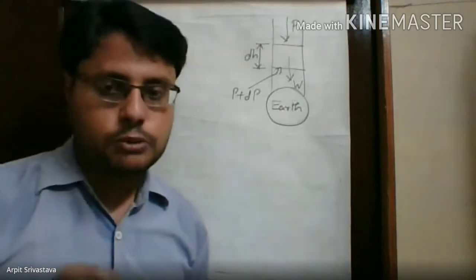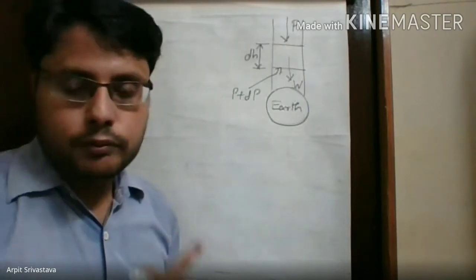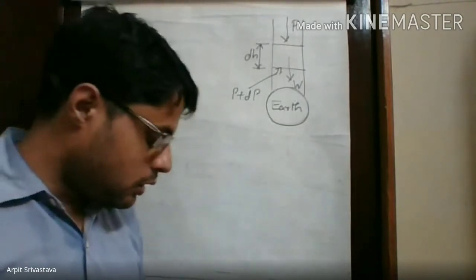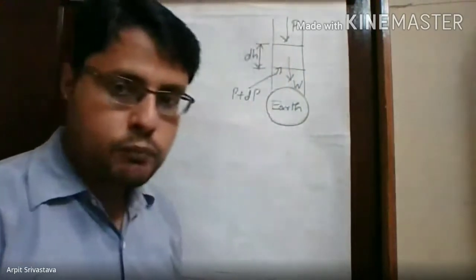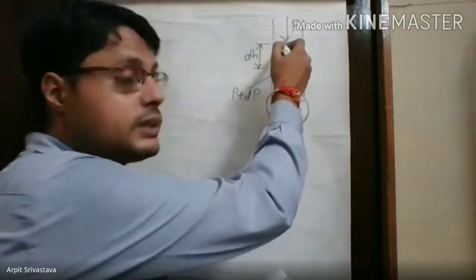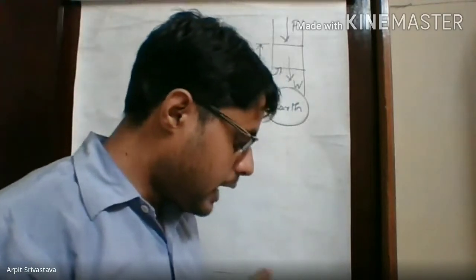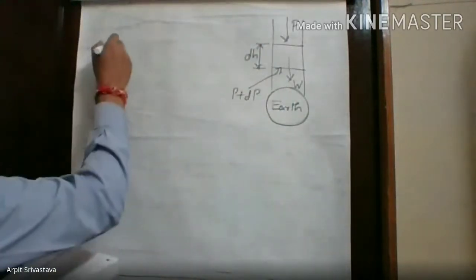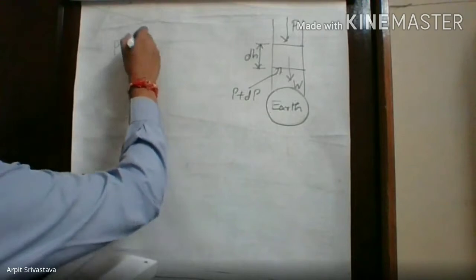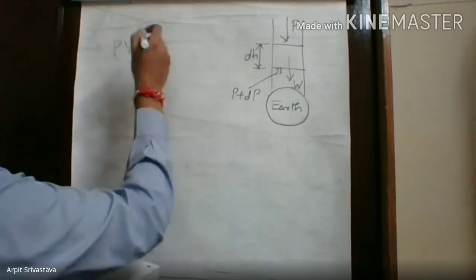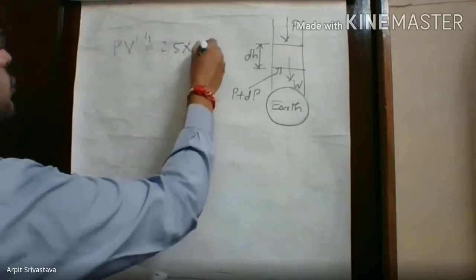Again, I'm repeating this problem, and I'm trying to explain it again with the help of this figure. Okay, so what is the problem? The pressure and specific volume of the atmosphere are related according to an equation. What is the equation? That is PV to the power 1.4 is equal to 2.5 into 10 to the power 5.